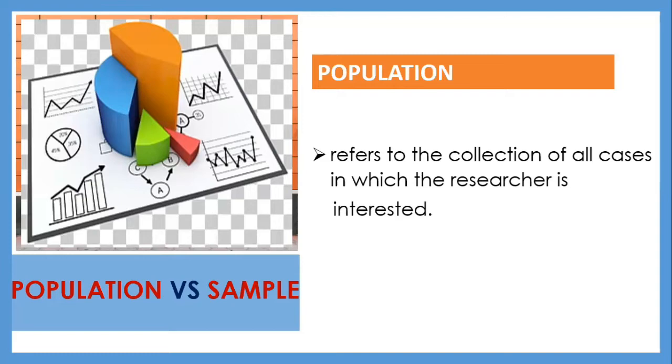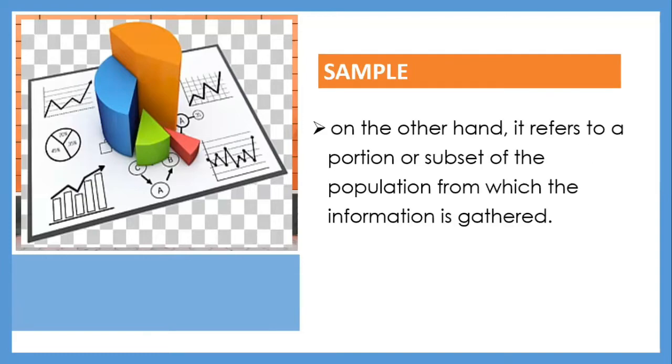On the other hand, if we say sample, it refers to a portion or a subset of the population from which the information is gathered. So theoretically, a sample must be a representative of the population from which it is taken. Now, in order for us to better understand the differences, let us have some examples.